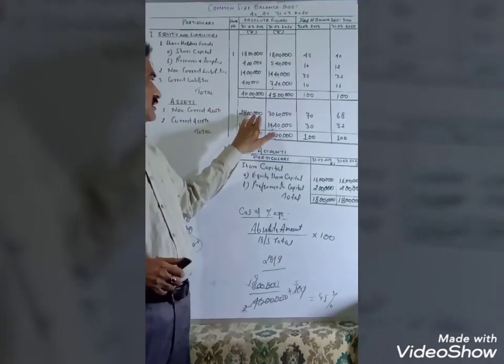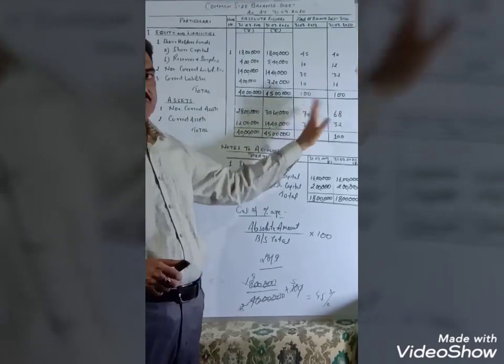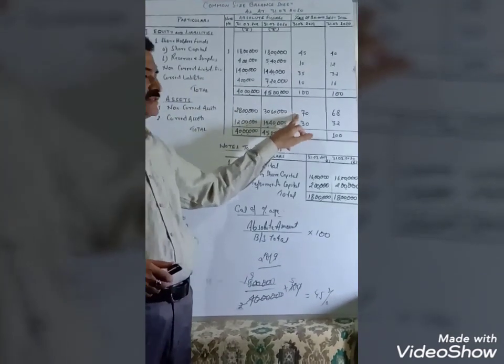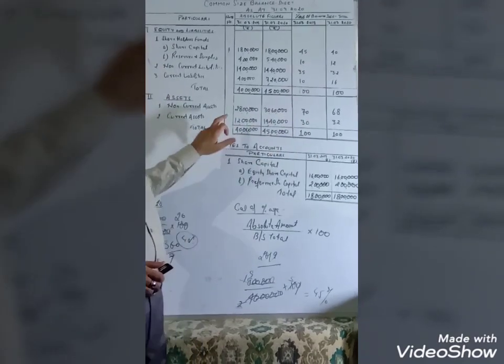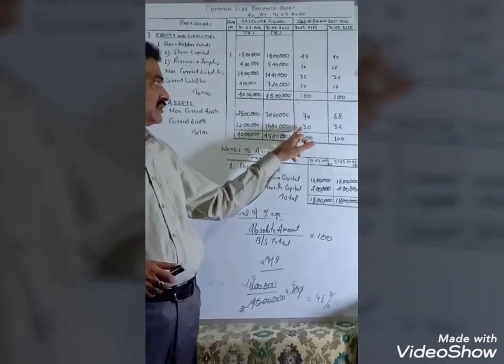Now we have to convert these individual items into percentages for both the years. Non-current assets: 28 lakh divided by 40 lakh multiplied by 100 is 70%. Then current assets: 12 lakh divided by 40 lakh into 100, we will get 30%.